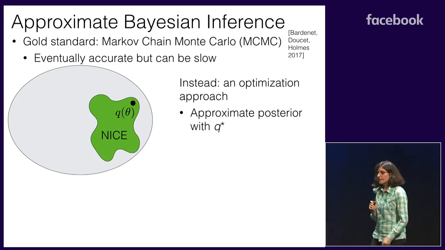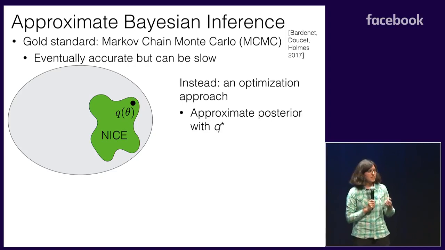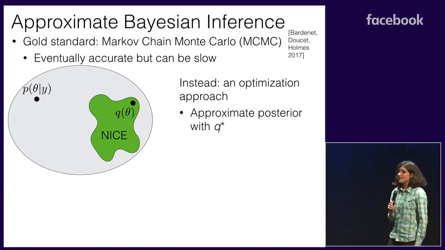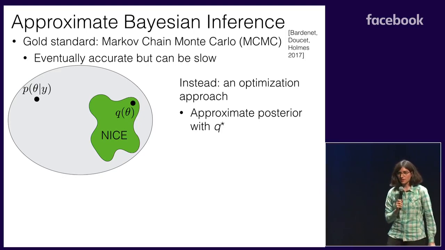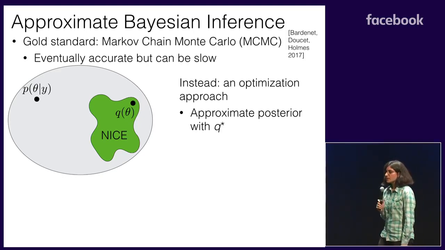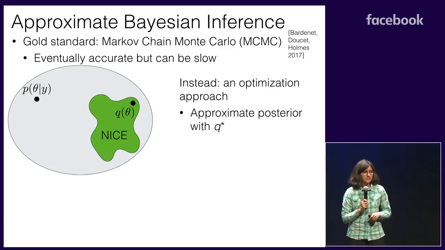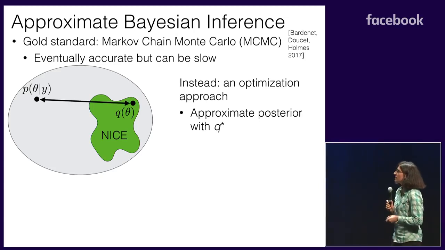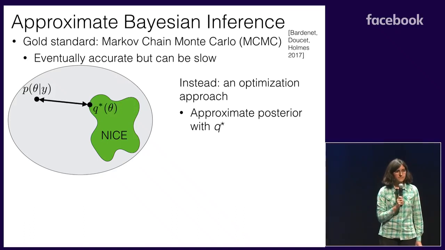So let's assume for the moment that we have this vague definition of nice, that this is a case where we can calculate a mean and a covariance for these distributions. Of course, the whole reason that we're talking is that our exact posterior is not a nice distribution. We cannot easily calculate means and covariances for it, and that's why we're in a bit of a pickle. So we might say to ourselves, maybe the way we can deal with this is to approximate our exact posterior, which isn't a nice distribution, with the closest of the distributions that are nice.